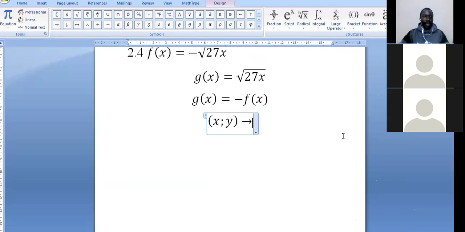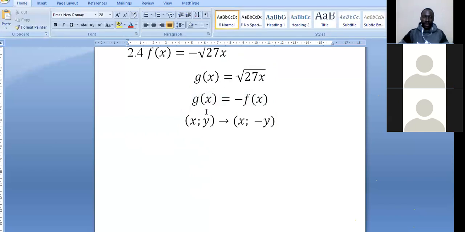X stayed the way it is, but the function was multiplied by negative. The function was multiplied by negative. So now we can say y became negative y. And that's the transformation.